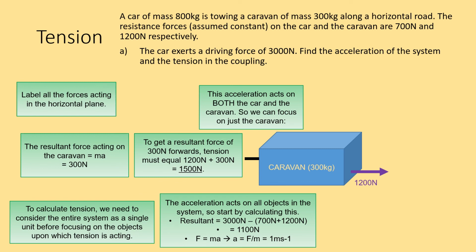To get the resultant force of 300 newtons, the tension must equal 1,200 newtons, which is the friction force, plus the 300 newtons of the driving force, and that gives you a tension force of 1,500 newtons.